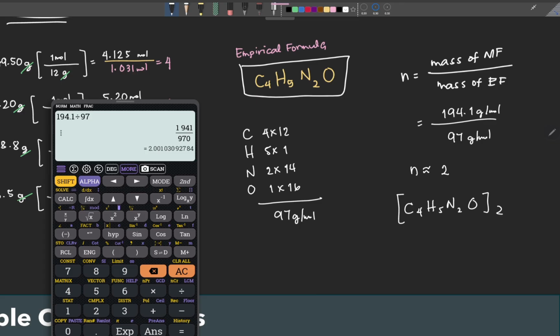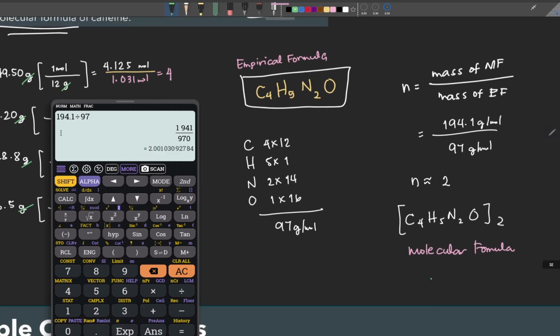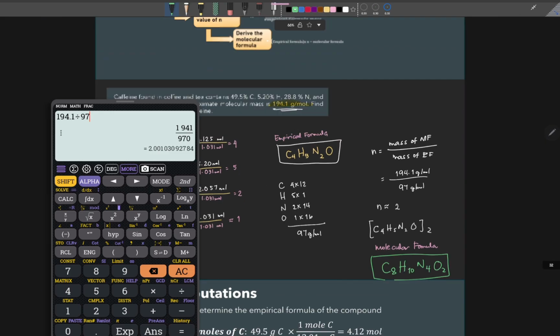So our molecular formula becomes C8H10N4O2. Okay, there.